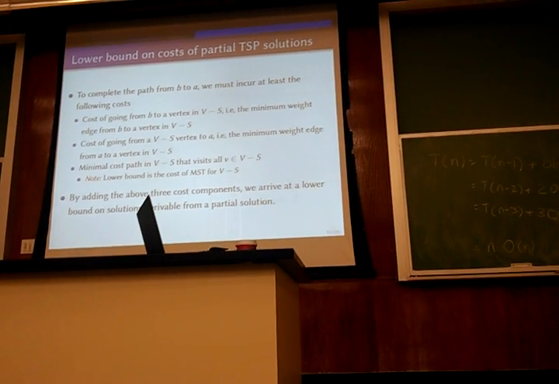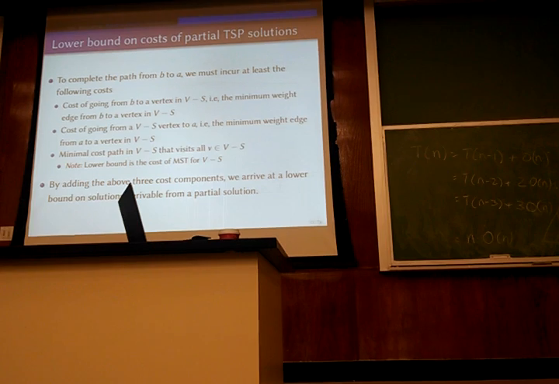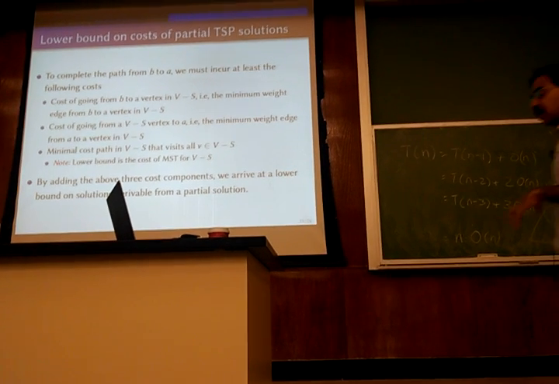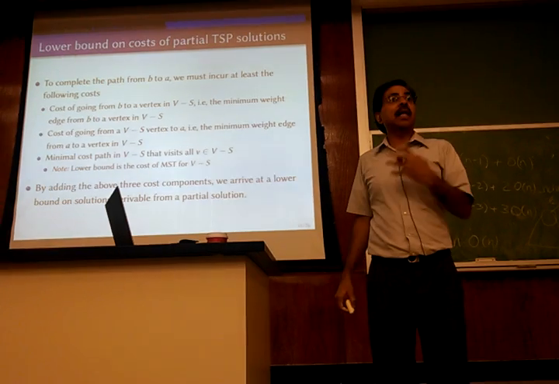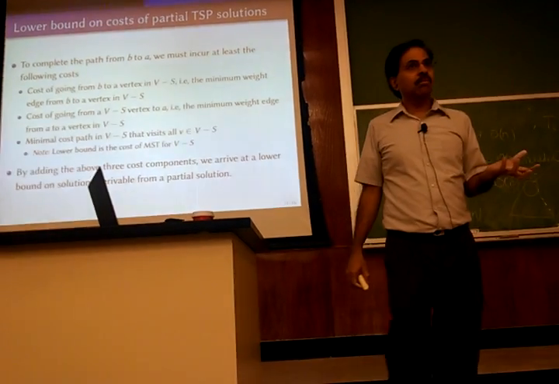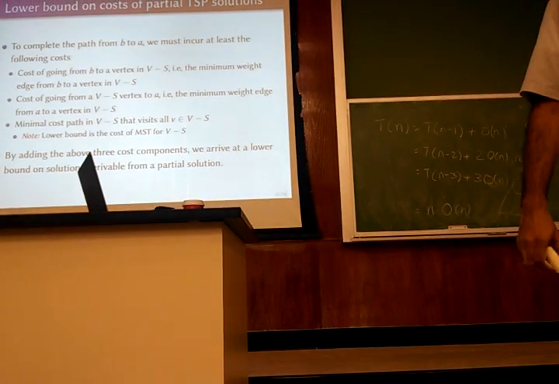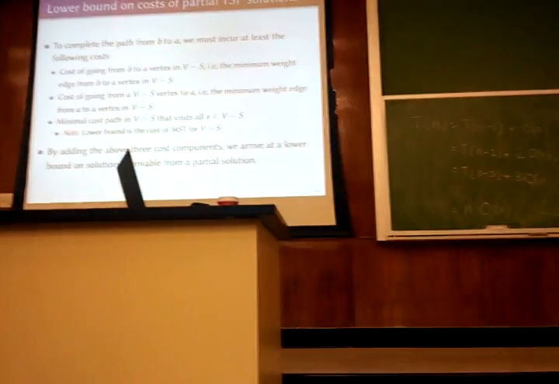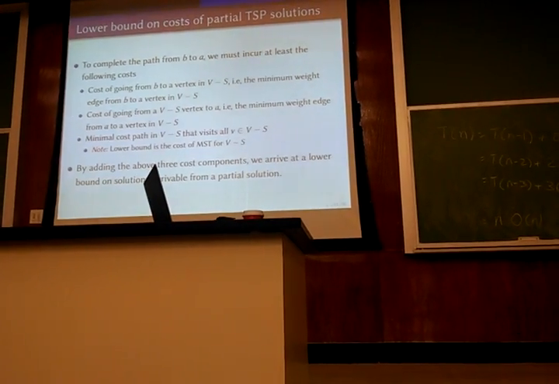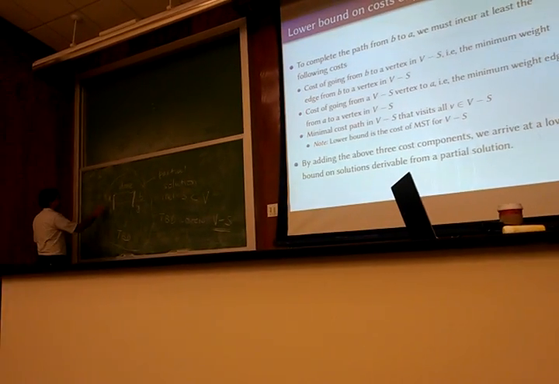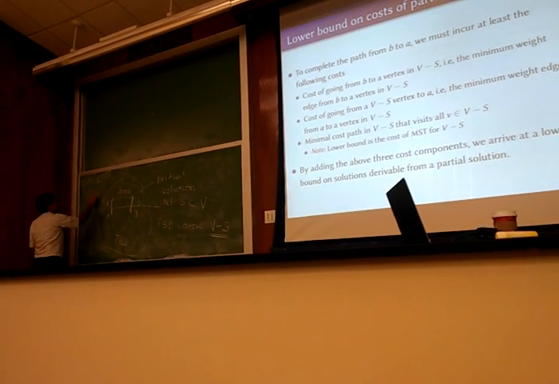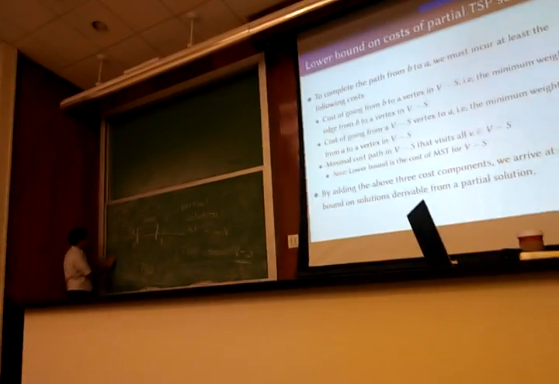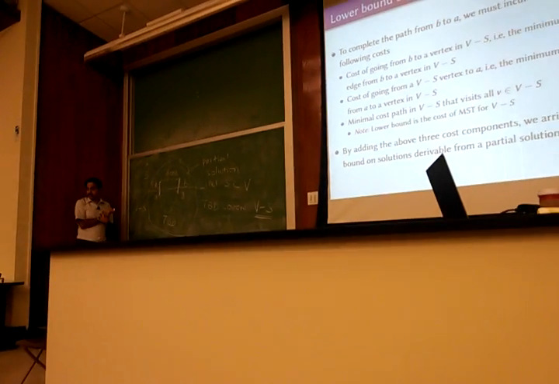What we are going to say is that the lower bound on this is that there cannot be a path that is less expensive than the minimum spanning tree. Right? Why is that? I'm saying that the cost of this path, okay, so this is the part that includes S, this is the part that includes V minus S. Okay?